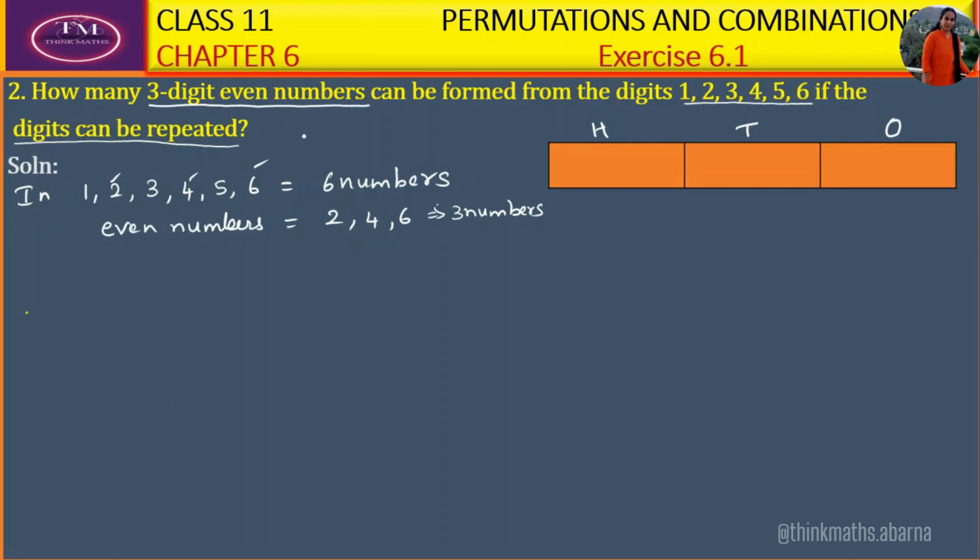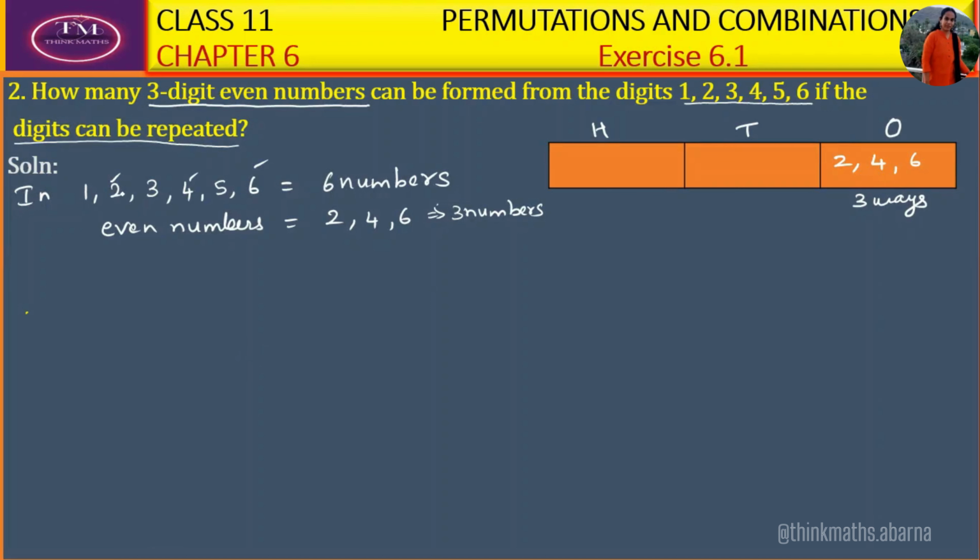If we need an even number, the ones place should be filled with an even number. What are the even numbers we have? 2, 4, 6. You can fill either 2, 4 or 6. We have 3 options. So in 3 ways you can fill the ones place.